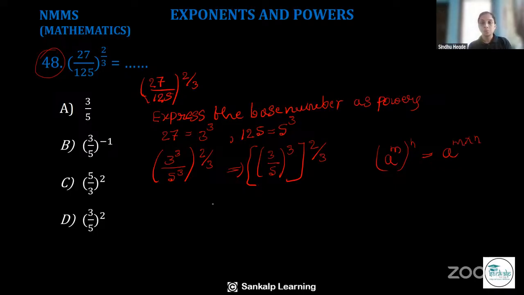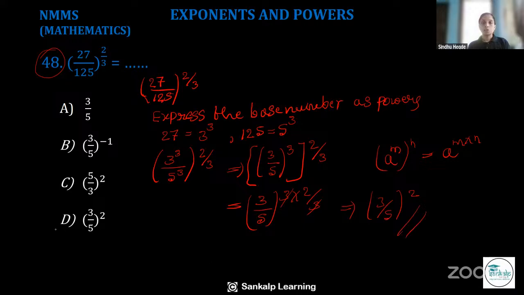So this term becomes (3 by 5) whole raised to 3 into 2 by 3. The 3 cancels out. The remaining term is (3 by 5) whole square. So this is our answer. The correct answer is option D, (3 by 5) the whole square.